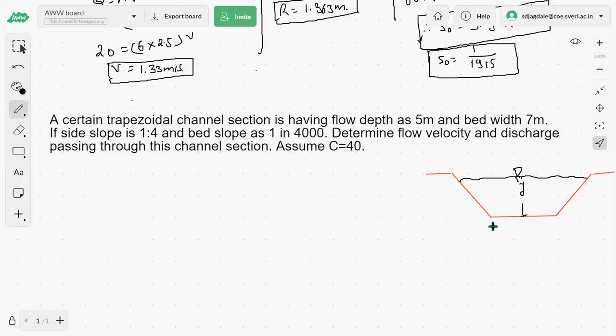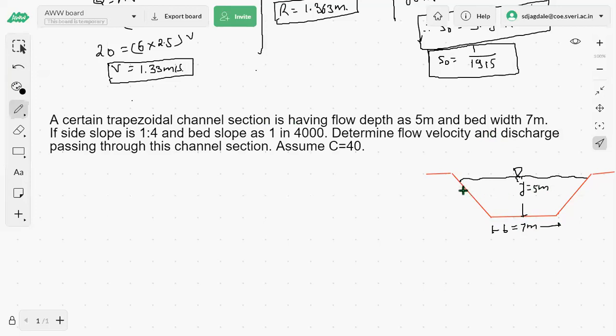Then the base width b is given as 7 meters. Base width as 7 meters and depth y is equal to 5 meters.